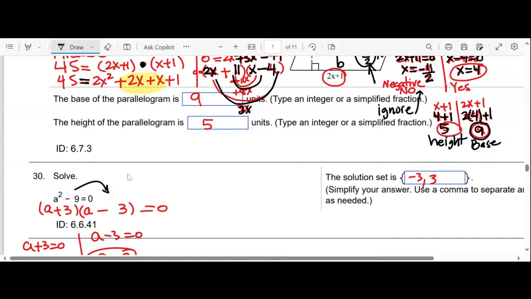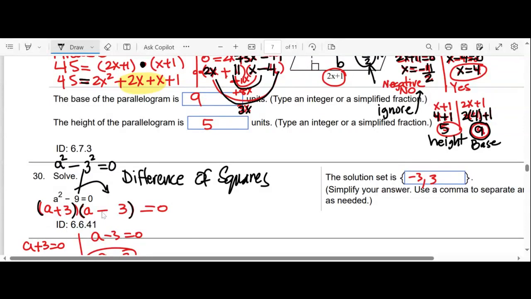What type of factoring? Difference of what? Squares, right? How are you going to tell me where the square comes from? Because 3 is squared, right? a squared minus 3 squared. So just do the factoring.